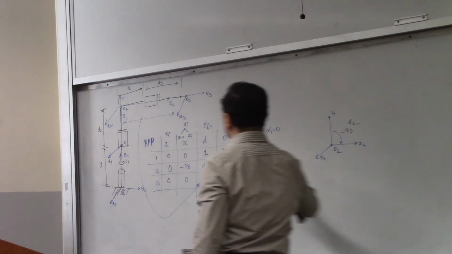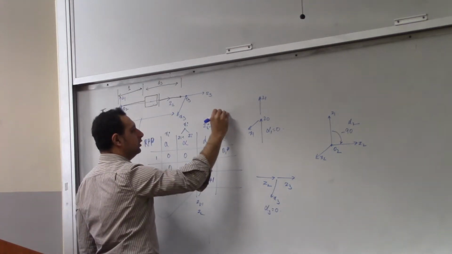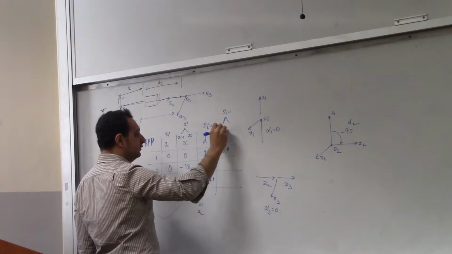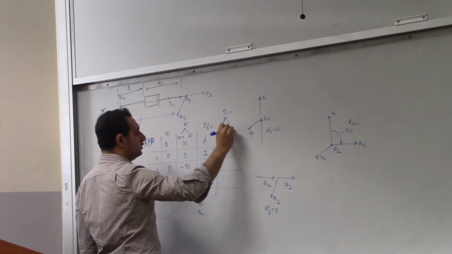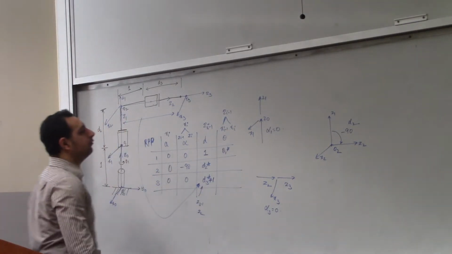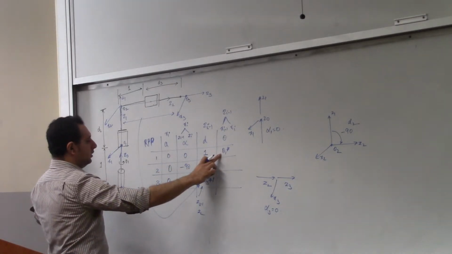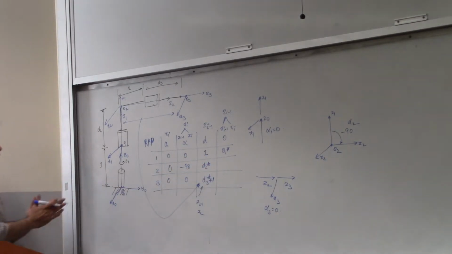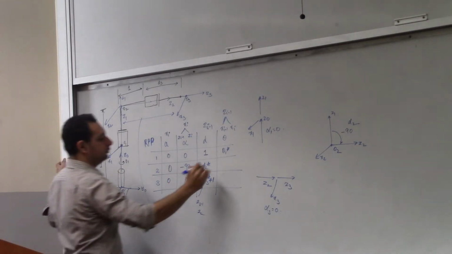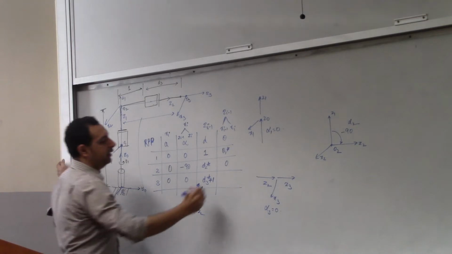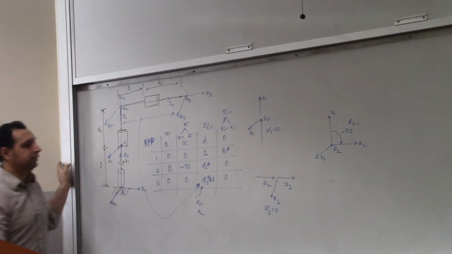Alright, so this is measured along Z(i-1) between x(i-1) to xi. This is a variable, theta 1, as it is. What is theta 2? 0. And theta 3? 0. All the x-axes are parallel, so they'll all be 0.